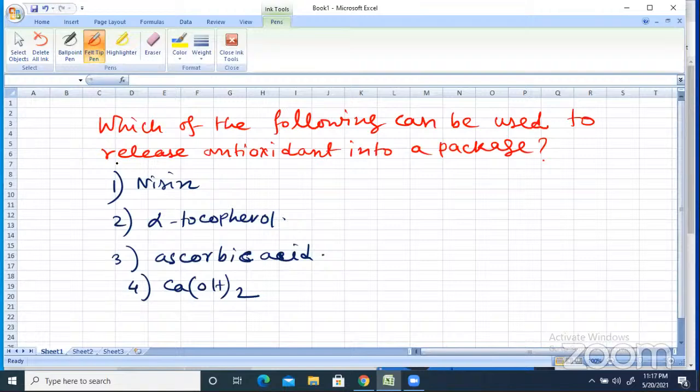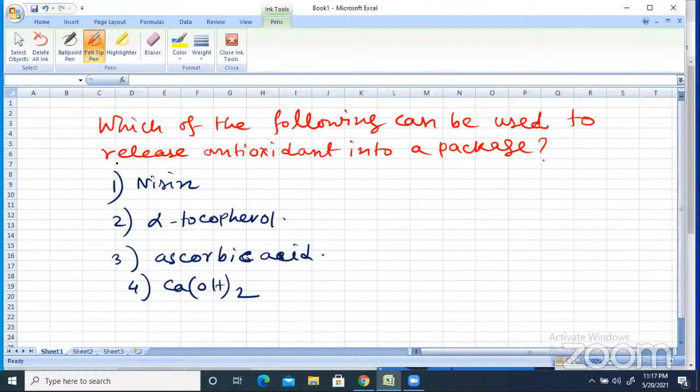The question is which of the following can be used to release the antioxidant into a package? That means along with the packaging material, we have to add this antioxidant.